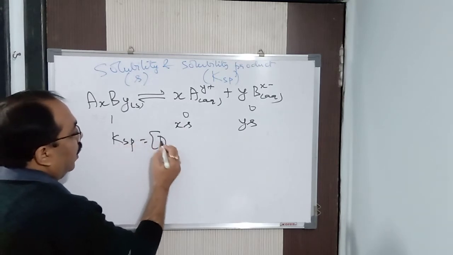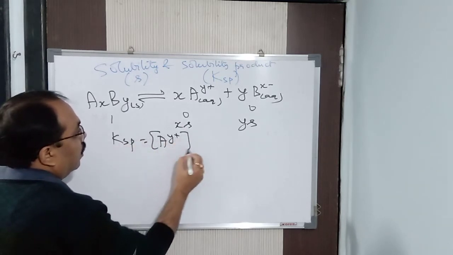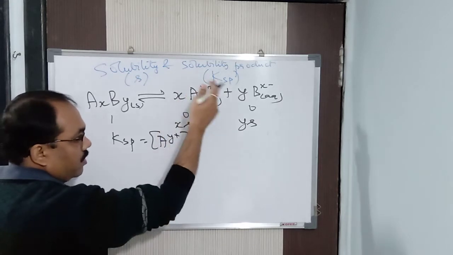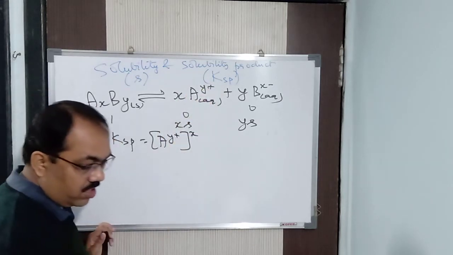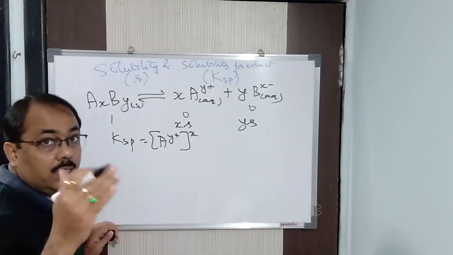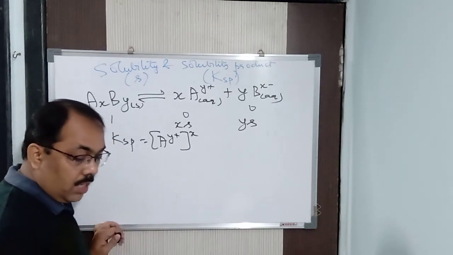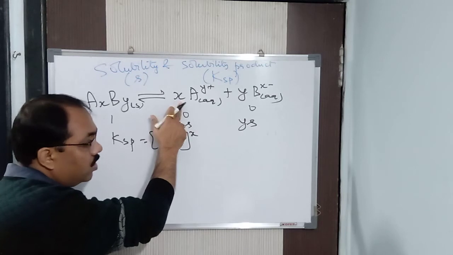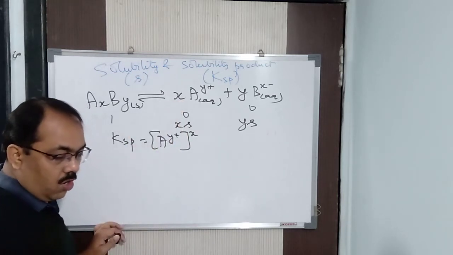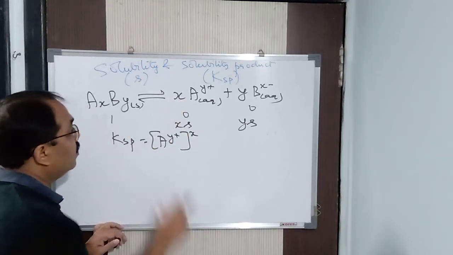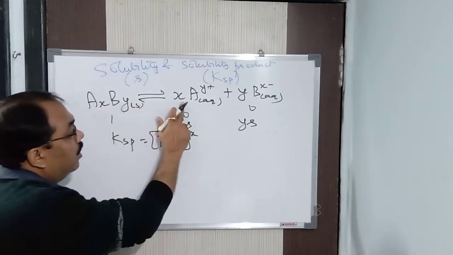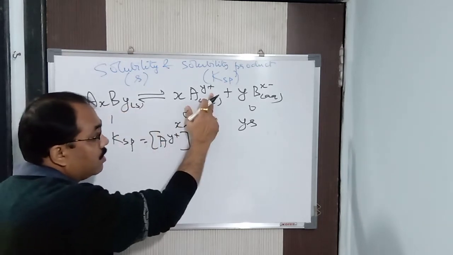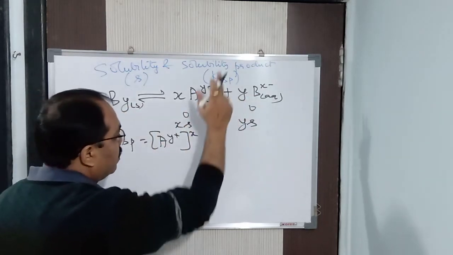KSP is nothing but the concentration of A^y+ whole to the power x, into the concentration of B^x- to the power y. In the definition I said that each concentration term is raised to the power equal to the number of ions produced. On dissociation of 1 mole of AxBy, x moles of A^y+ and y moles of B^x- are produced.